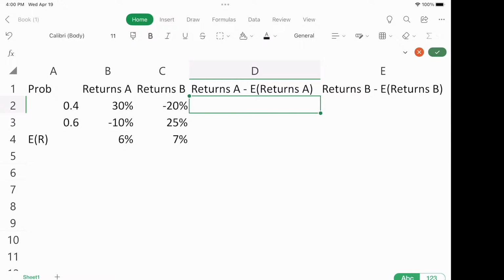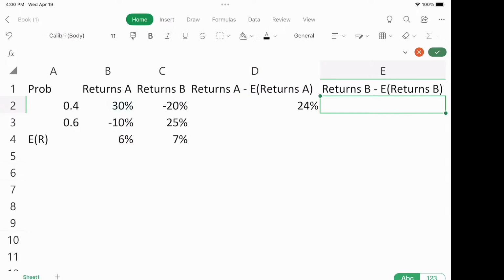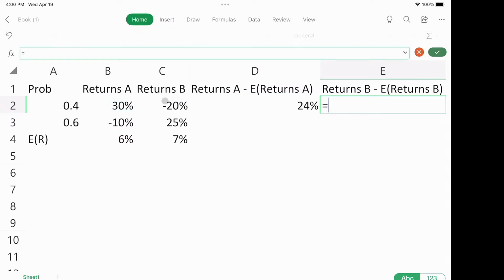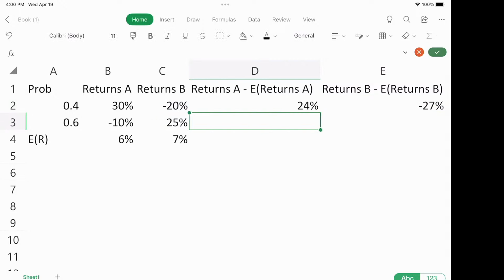Once you set it up, it's not a big deal. So you take the return for A minus 6%, and the return for B minus 7%. You don't have to square them, you just multiply them by each other.